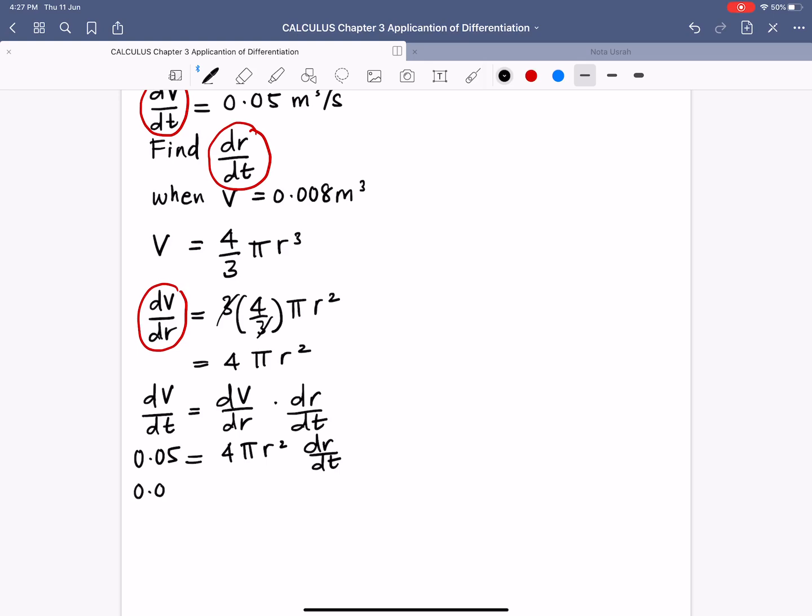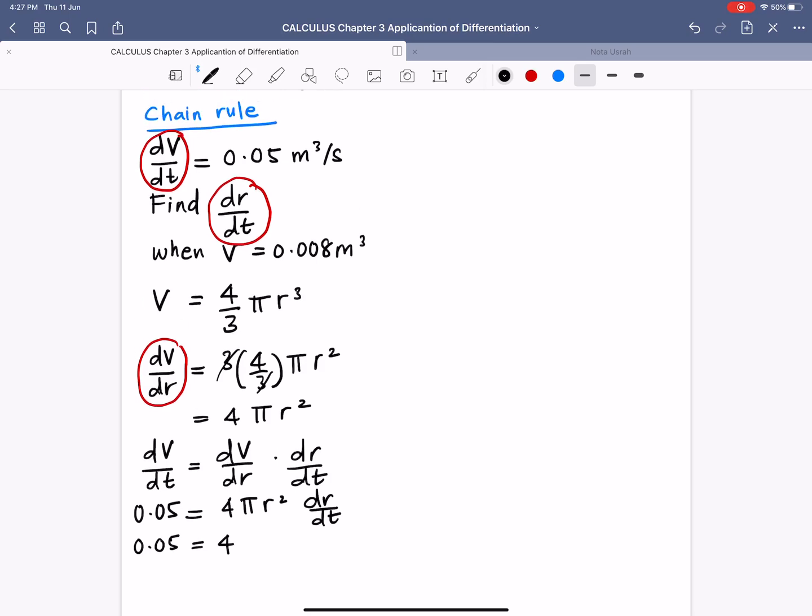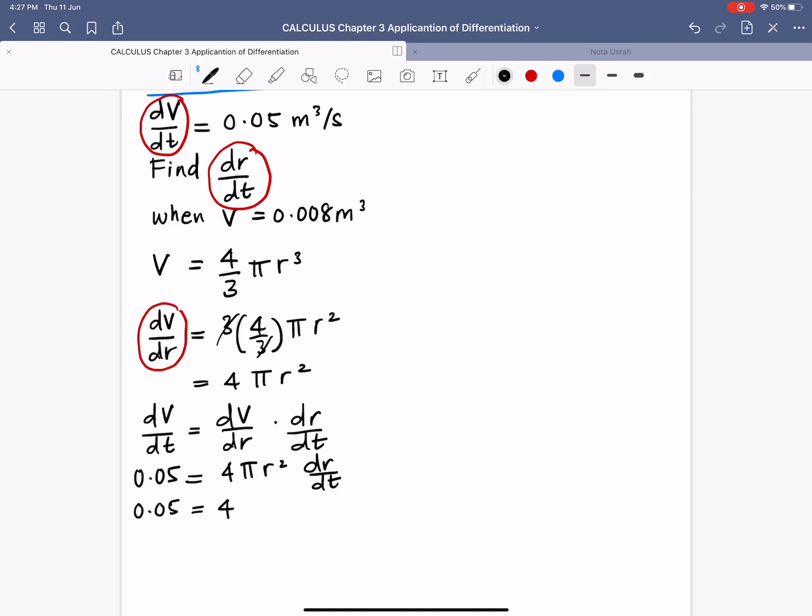So we want to find dr/dt when V is 0.008. Therefore, we will substitute. Oh, I'm sorry, we do not yet have the value of r. So we need to find the value of r.